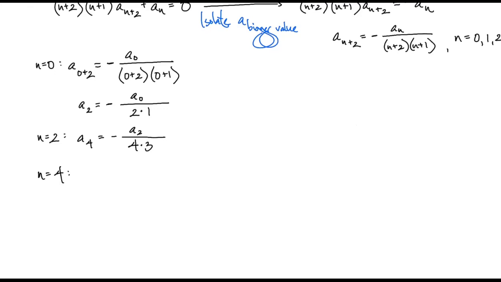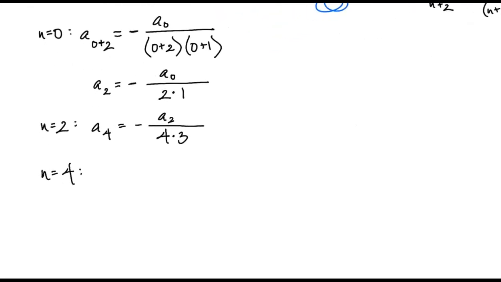Right, and again, once you find that, go ahead and throw that in the chat. Okay, so it looks like we're getting a sub 6 equals negative a sub 4 over 6 times 5.